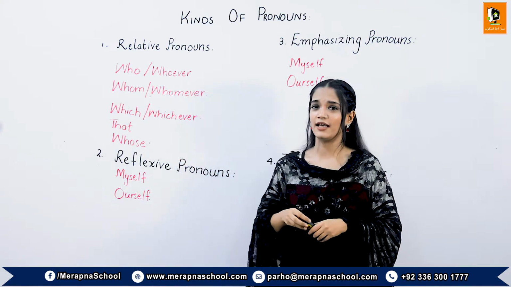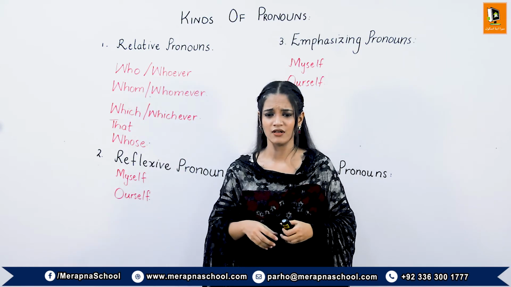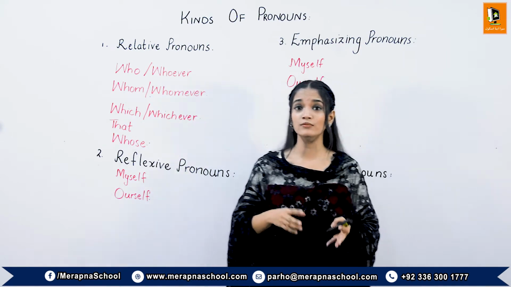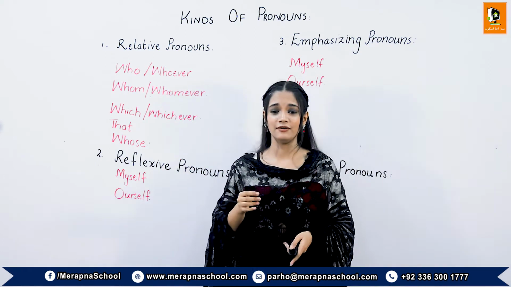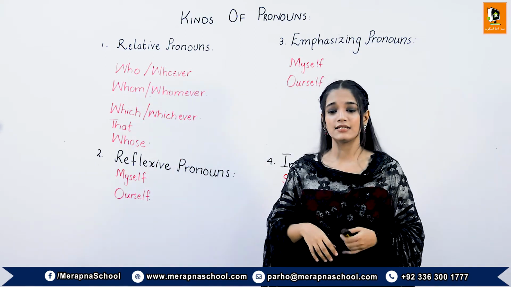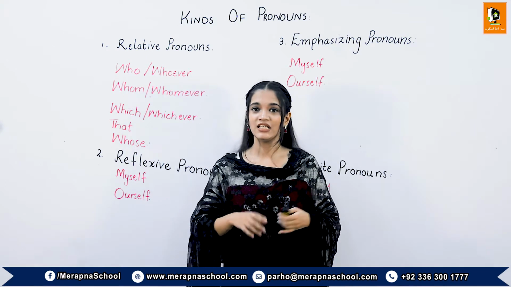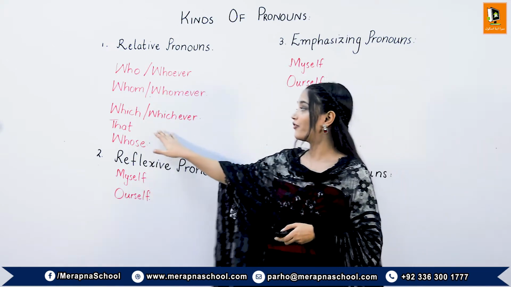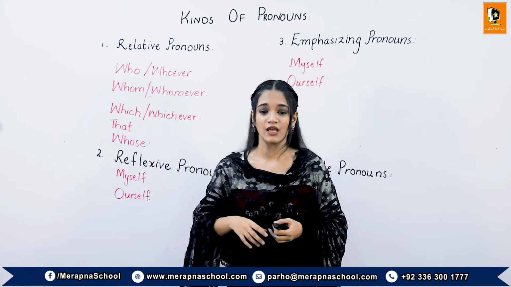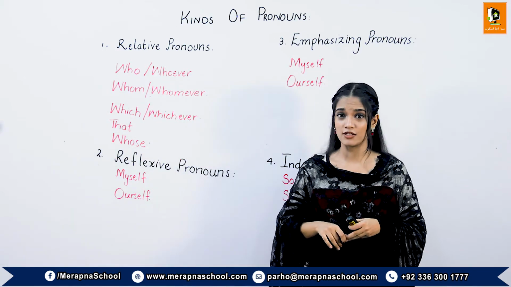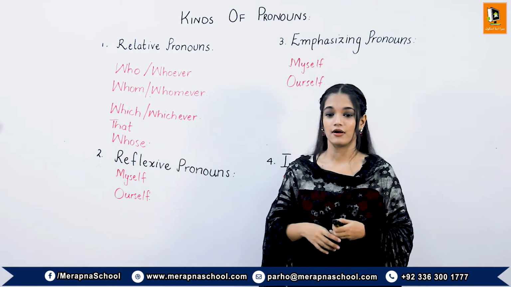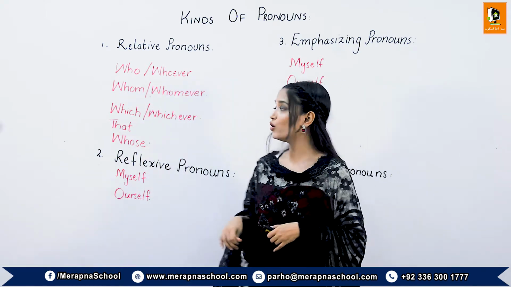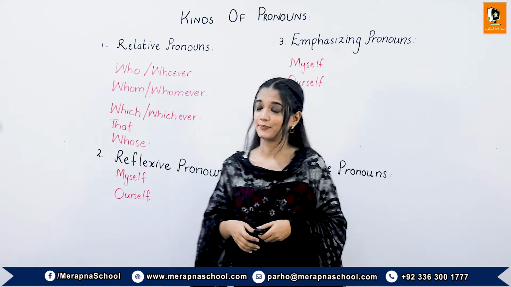Whom and whomever: I don't know whom he invited. For whichever: this is the same story which you told me yesterday. For that: Alina wants to compose a song that shows her possession with the grammar. And for whose: whose shoes are these?